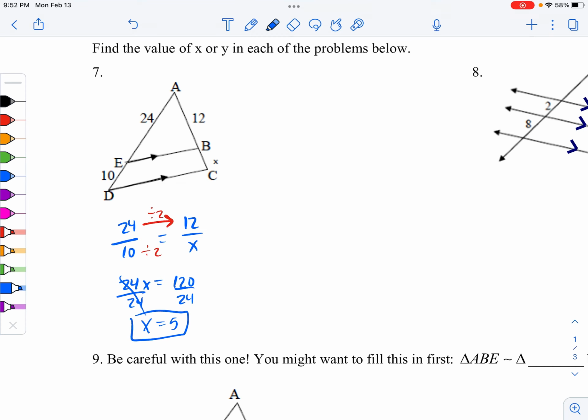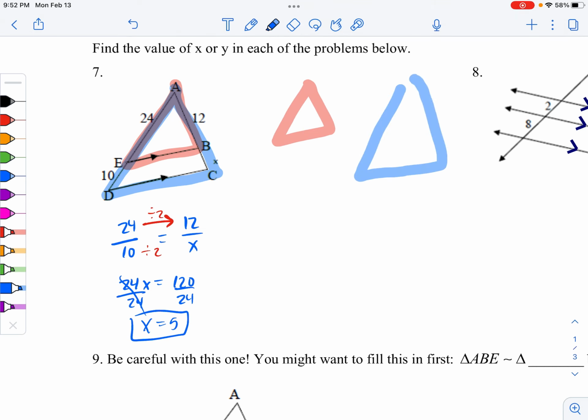I'm also going to show you how to do this with similar triangles, just in case you're wondering. Let's do this red triangle, and then this smaller one is, the big one's the blue, the small one is the red, and let's do some math. Red triangle, it's a length of 24 and a 12.